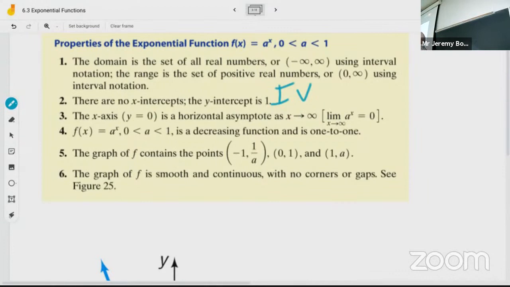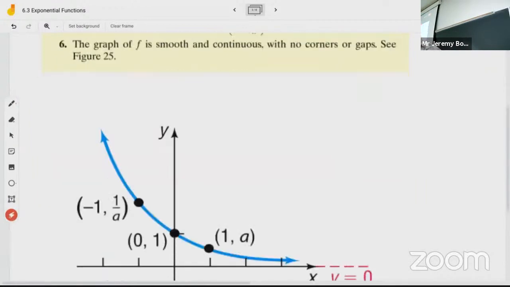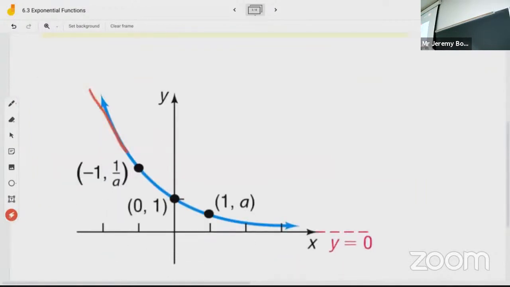Unless it moves up or down, or the initial value is not 1. If the initial value was 5, then my y-intercept is 5. And if it was 5 and then shifted up 1, what do you think the initial value would be? 6, yeah. Perfect. The x-axis is still going to be a horizontal asymptote, unless it's shifted up or down, but you can see here, it's going to decay and get closer and closer.